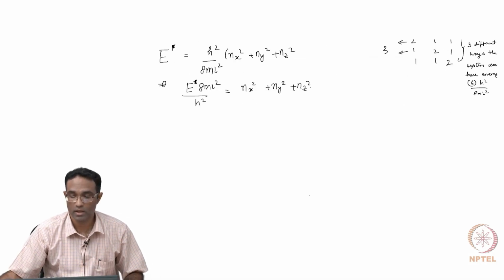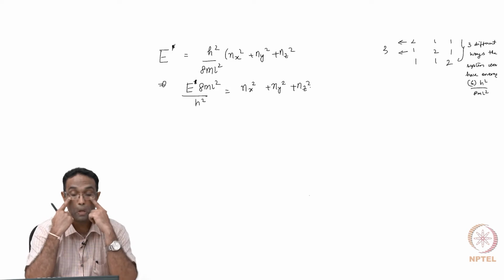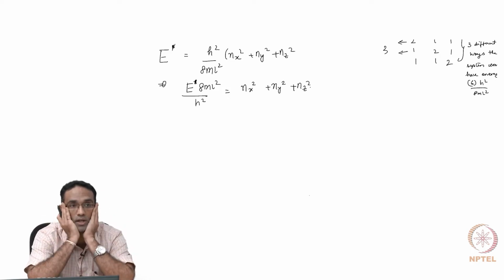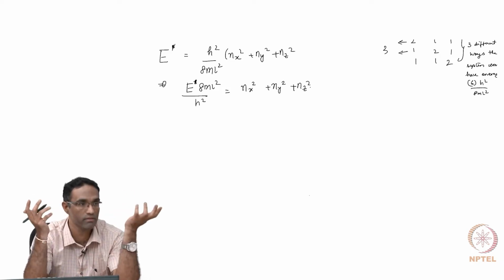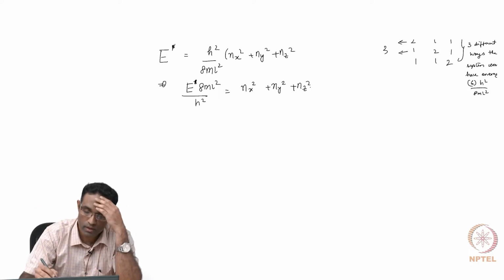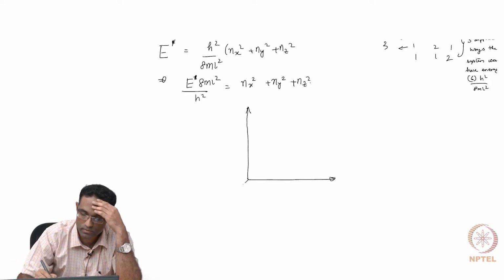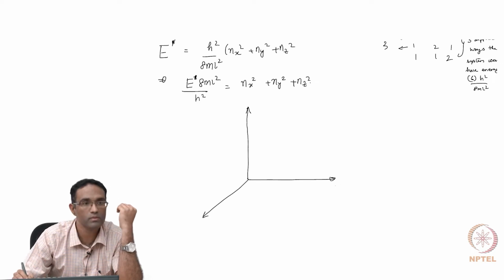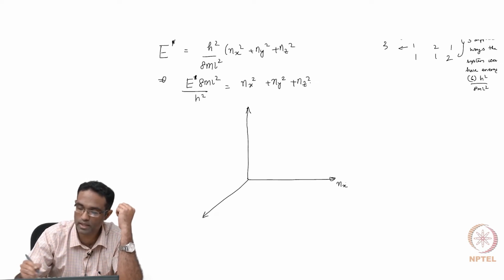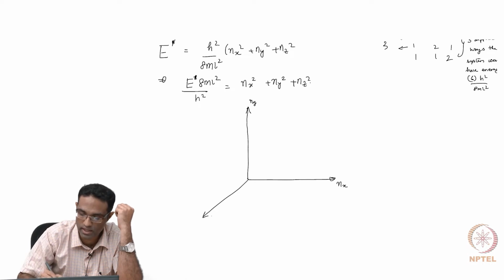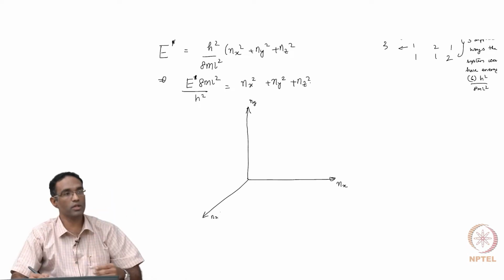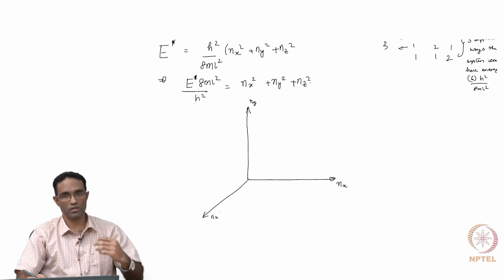In order to find out the total number of ways the system can have the energy E star, we look at this equation and realize that, suppose this is the nx axis, this is the ny axis, and this is the nz axis, this is an equation of a sphere.